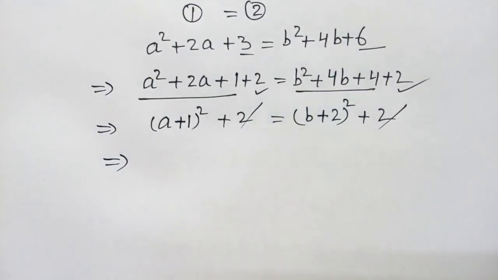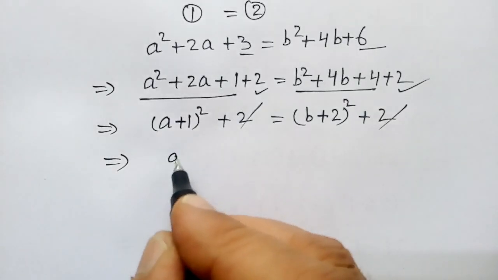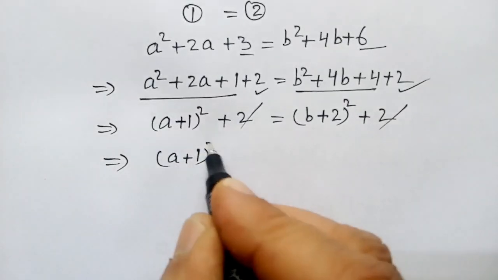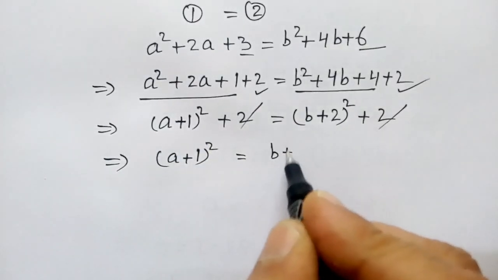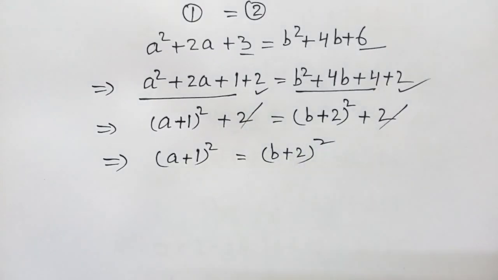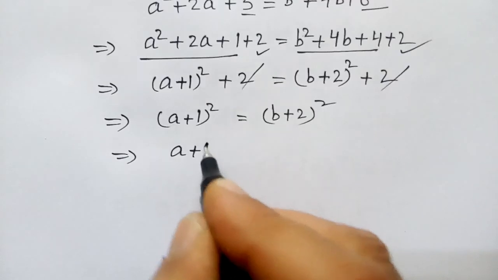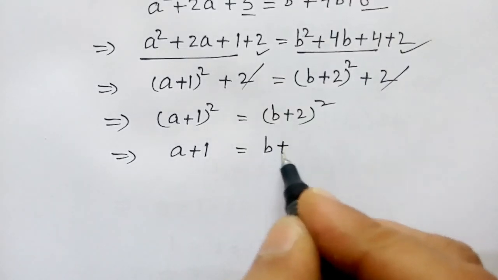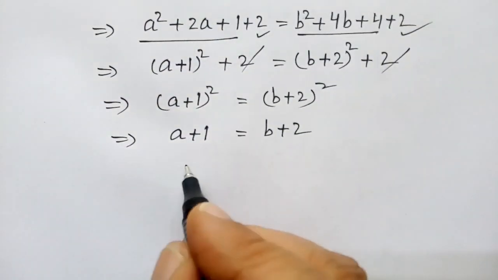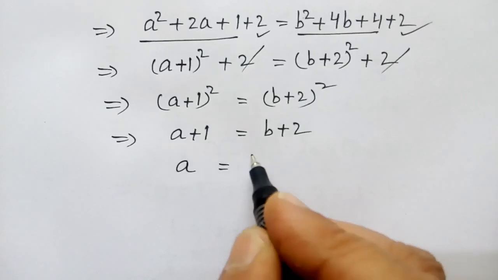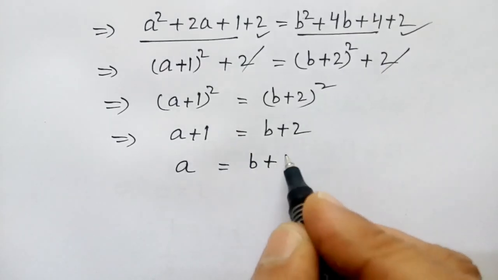So this and this get cancelled out. a plus 1 whole square is equal to b plus 2 whole square, right? So a plus 1 is equal to b plus 2, or we can say a is equal to b plus 1.